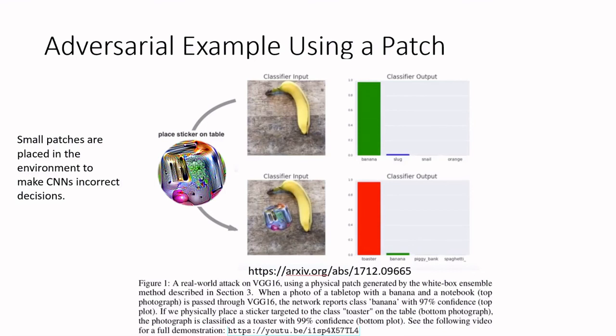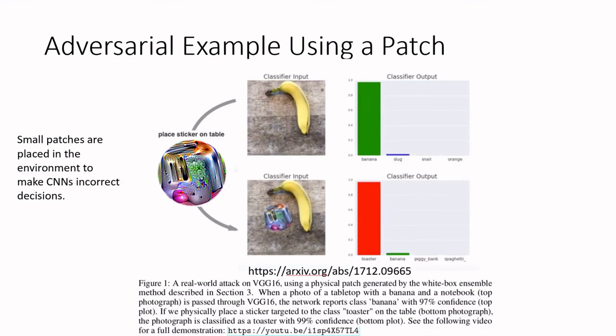And these tiny patches can be designed in such a way that they can force the convolutional neural network to produce an incorrect response. So here is an example of what you would call a real-world attack.